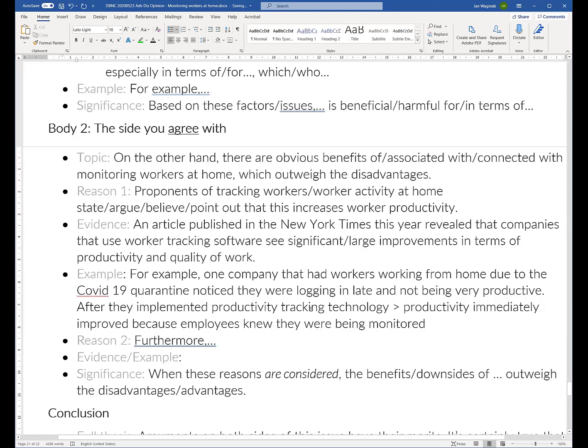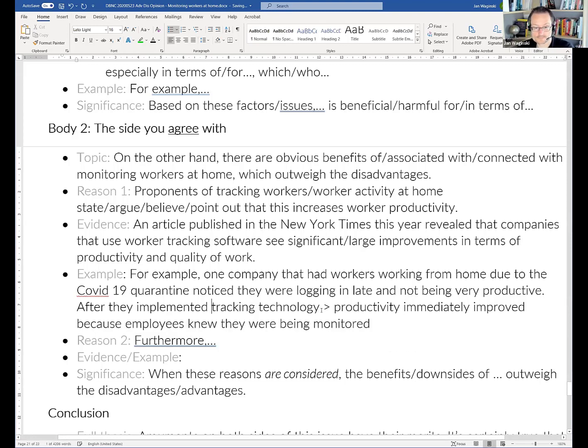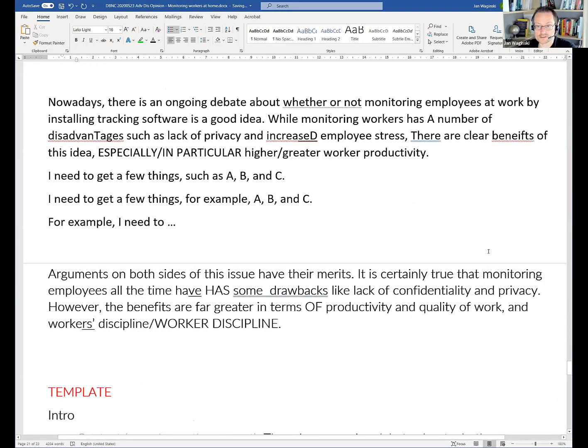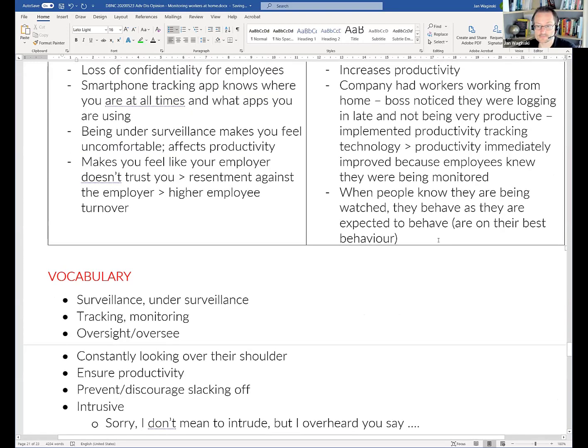Implemented tracking technology. Productivity was improving. Productivity immediately improved because employees knew they were being monitored. Okay. Do we need anything else? Is there anything else here that we can add?